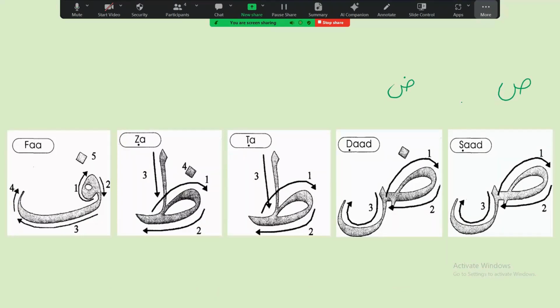The first one is sod. The second one for today will be dod. The third one for today will be to. Like this. To. Okay, so sod, dod, and then to.